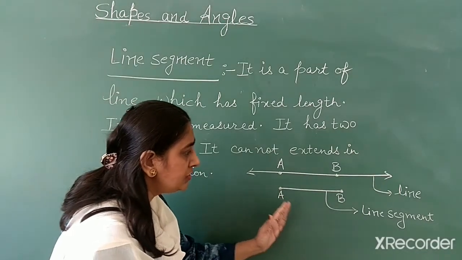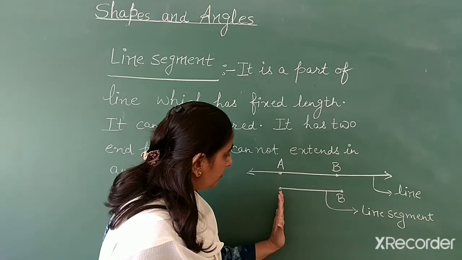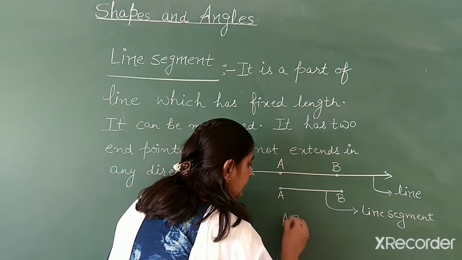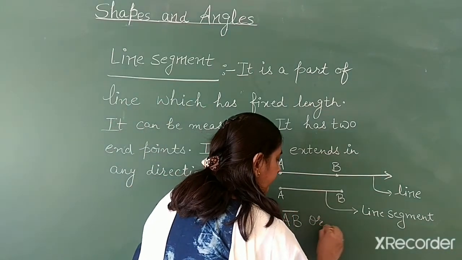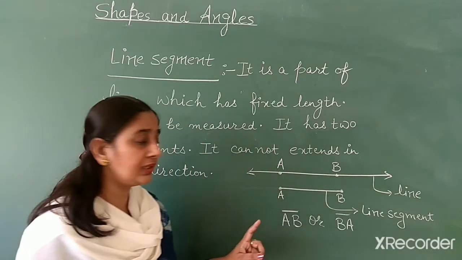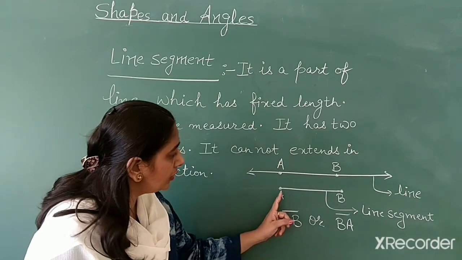Now let us see how you will write the name of this line segment. You can measure it from A to B and its name will be written as AB, with a bar over it, or BA, with a bar over it. Whenever you are writing the name of a line segment, start writing the name from an end point.